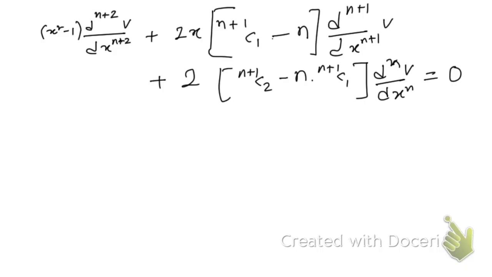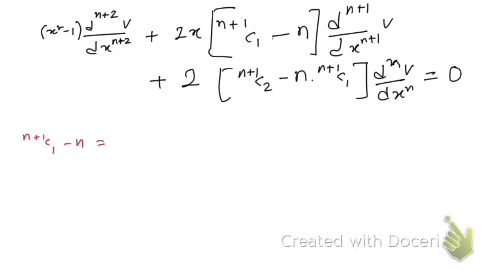So now what we can do here, okay, now you see, first let me simplify this part. So n plus 1 c1 minus n, right? Okay, then here you see this is actually equal to 1.